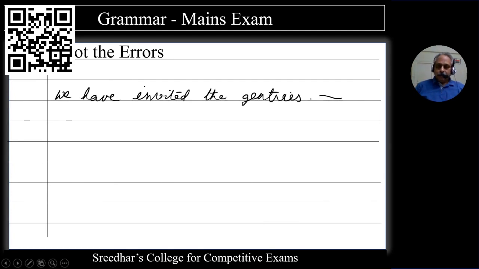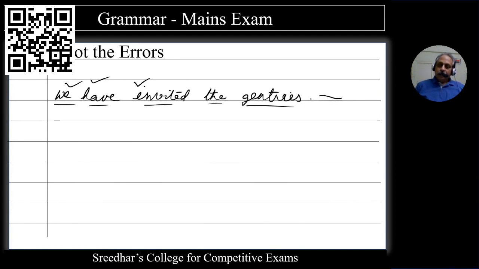It is in present perfect, no time. Then how do you spot the error? You have to look at the key words. We have: subject, verb. We, first person plural, have, plural verb. No problem as such. We have invited. The sentence is in present perfect. The verb should be in past participle. No problem. The gentries. Now, the moment you see the word gentries, you should recollect the rule that goes with number related to nouns.